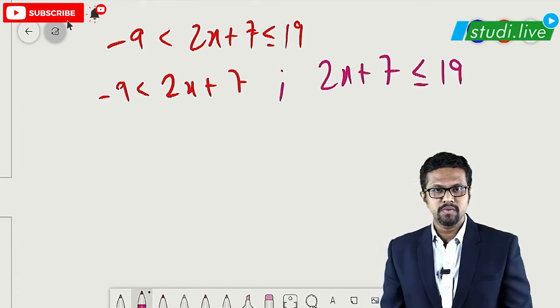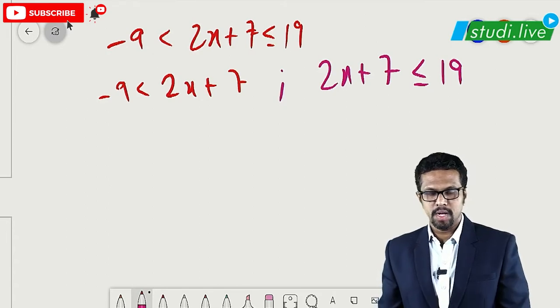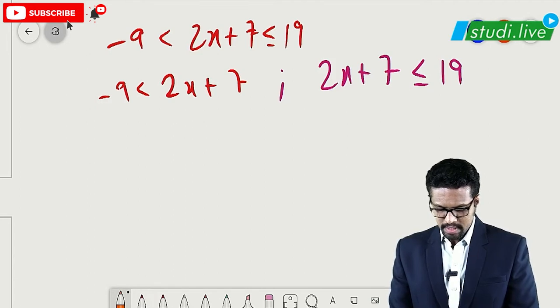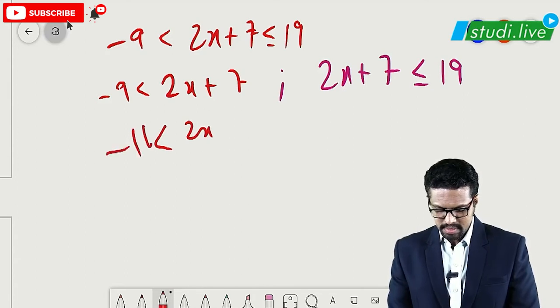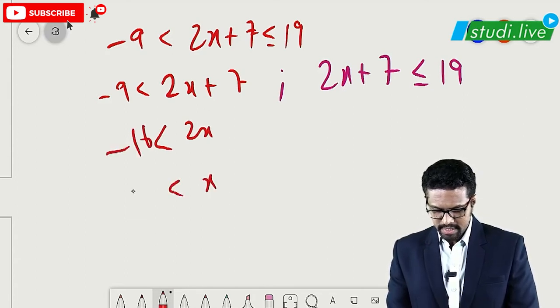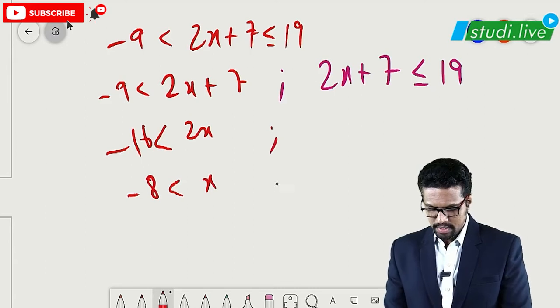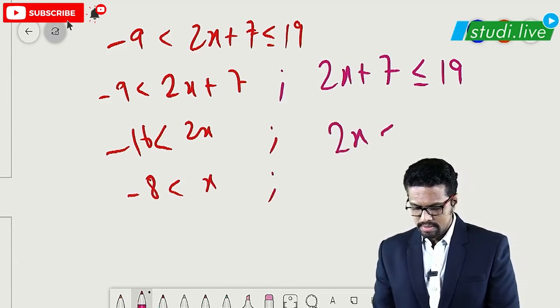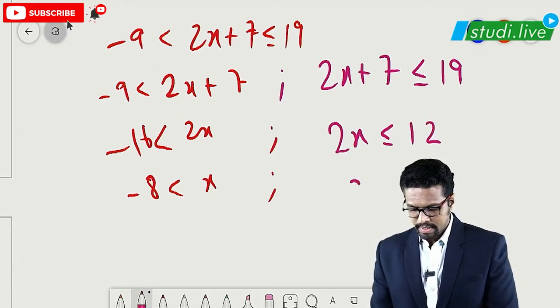Based on this, we will get the lower bound of x and the upper bound for x. Okay, let us solve this. You can see 7 will come over here. You will get 2x is greater than minus 16, so x is greater than minus 8. Similarly, over here 2x will be less than or equal to 12, so x is less than or equal to 6.